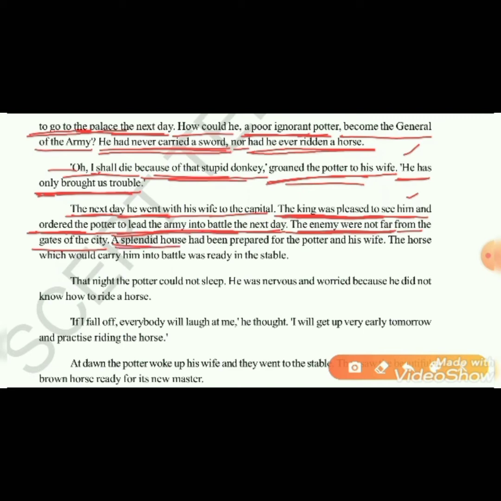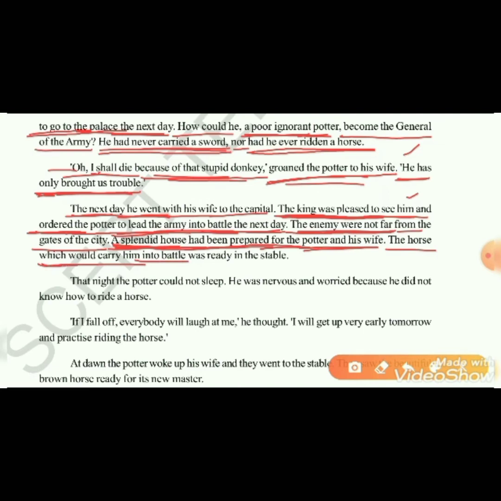A splendid house had been prepared for the potter and his wife. What kind of house was prepared for the potter and his wife? A splendid, rich, costly house was prepared. The horse which would carry him into the battle was ready in the stable.